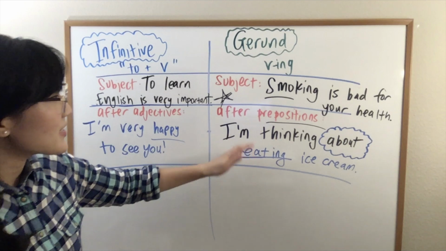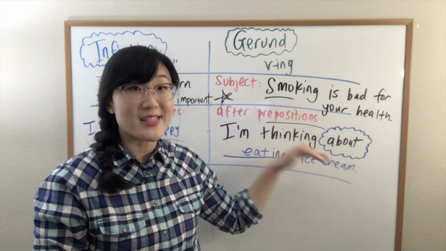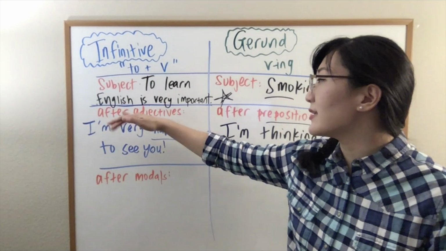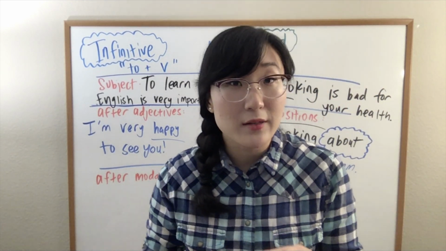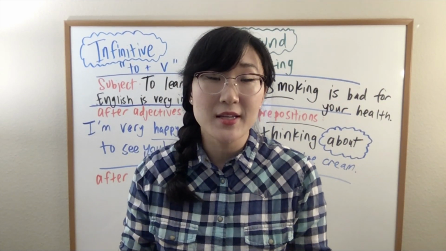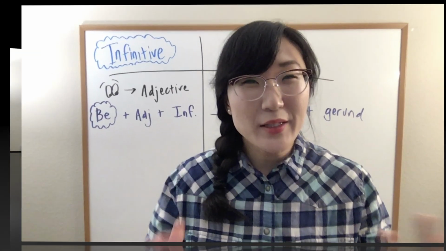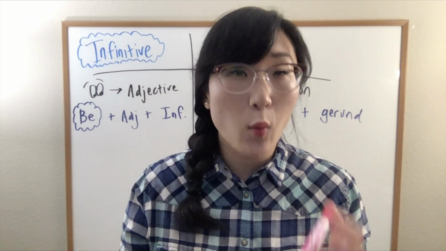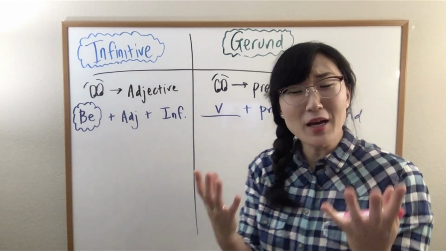So in these cases, I'm going to show you a website for a list of examples that use the preposition and some more examples that use adjectives, okay? And as we have more videos talking about infinitives and gerunds, part 2 and part 3, we're gonna go more into detail, okay? Now to give you a clearer idea of what I mean when we use the infinitive with the adjective, we know a lot of adjectives, right?